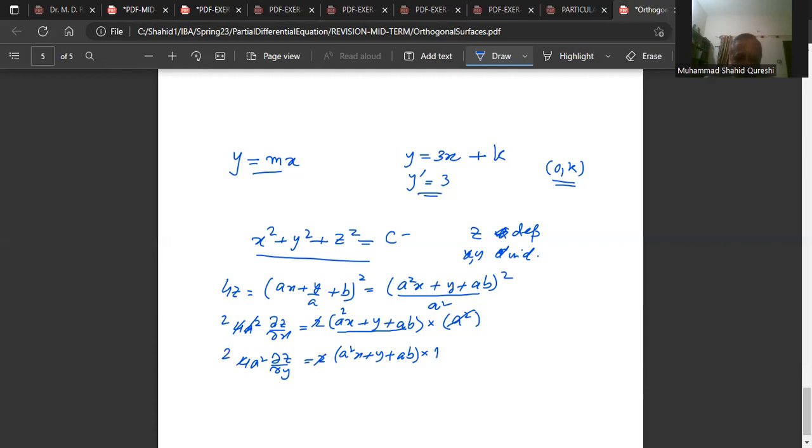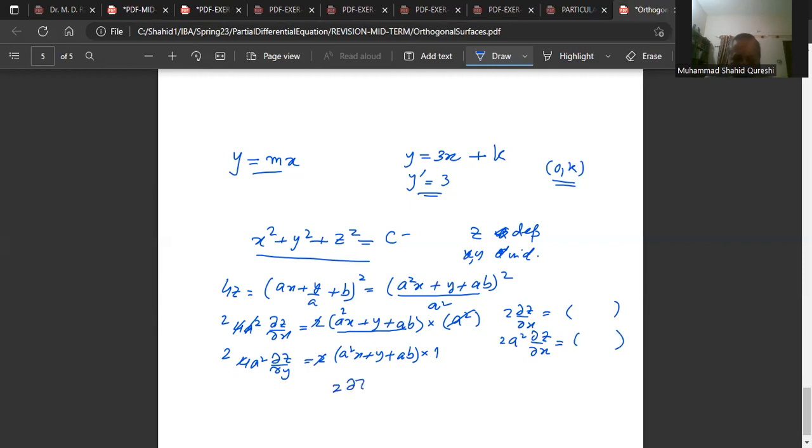So one result I get is 2 ∂z/∂x is equal to this bracket. The other result I get is 2a square, which has cancelled here, ∂z/∂y into bracket. Inside, this thing is equal to this thing.